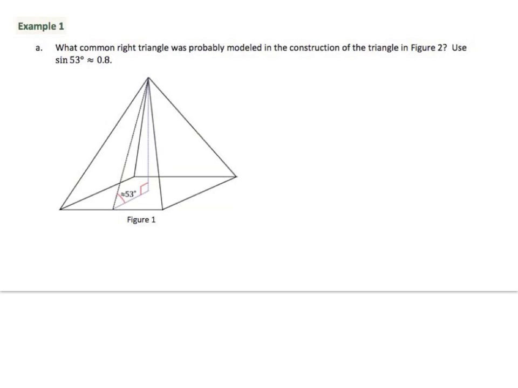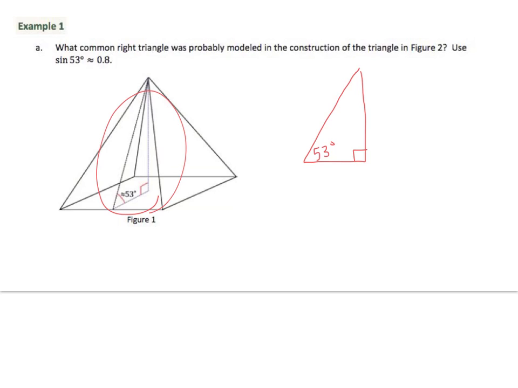Okay, example 1. What common right triangle was probably modeled in the construction of the triangle in figure 2? Use sine of 53 equals 0.8. Okay, so I'm actually going to pull this little triangle out. I have a right angle and 53 degrees. It's just a lot easier for me to see it when it's drawn two-dimensionally versus three-dimensionally, right?